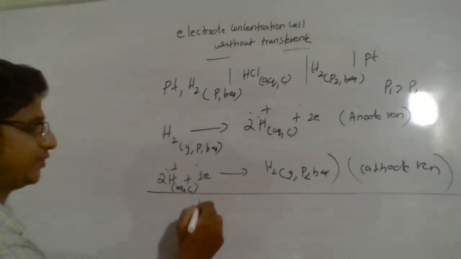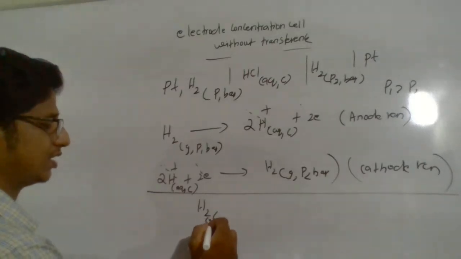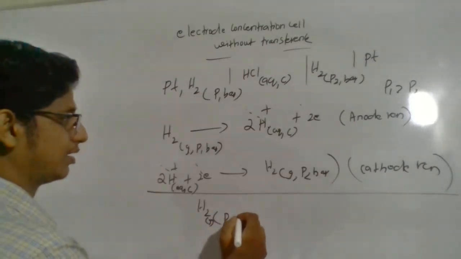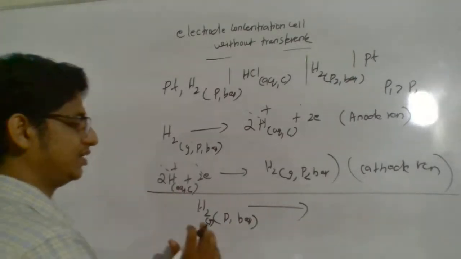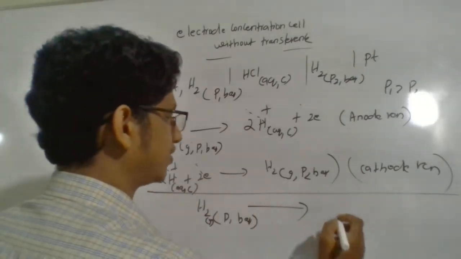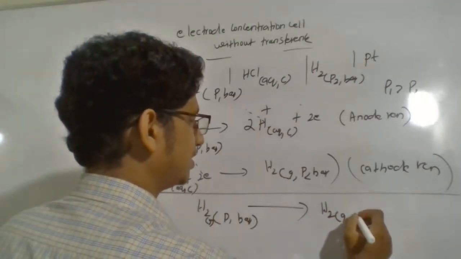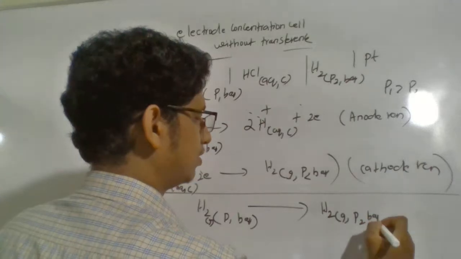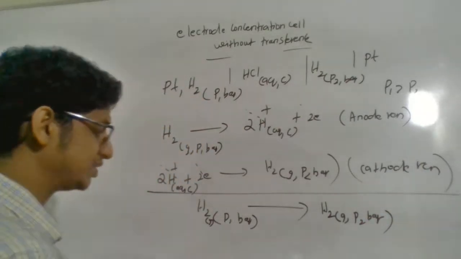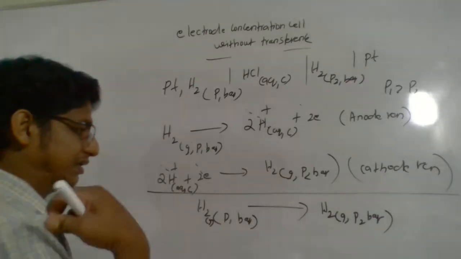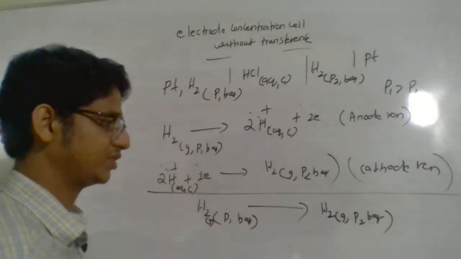So the overall reaction will be H2 gas at P1 bar, which is on the left hand electrode, and on the right hand side you will see H2 gas at P2 bar. Everything else is cancelled. So H2 gas at P1 bar is just converted into H2 gas at P2 bar.